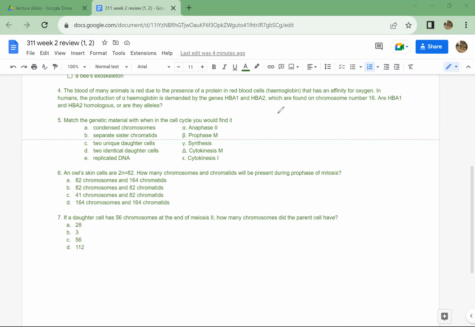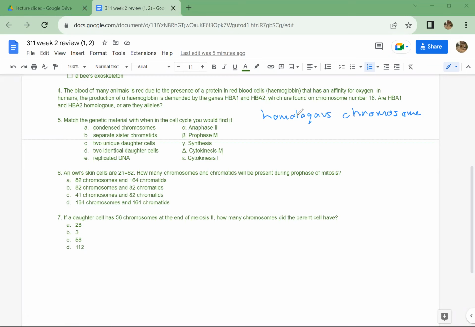And that is the concept of a homologous chromosome.